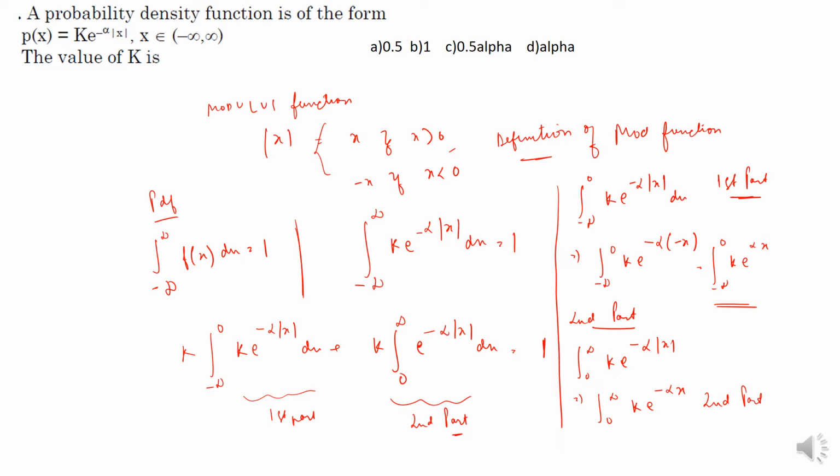Now I will replace the first part with this and the second part with this, and then we will have to integrate. Let us see the next slide. I copied these two terms from the previous slide. Now the first term and second term are like this. This is plus actually, so I can write it as the integral from minus infinity to 0 of k e power alpha x plus the integral from 0 to infinity of k e power minus alpha x dx is equal to 1.